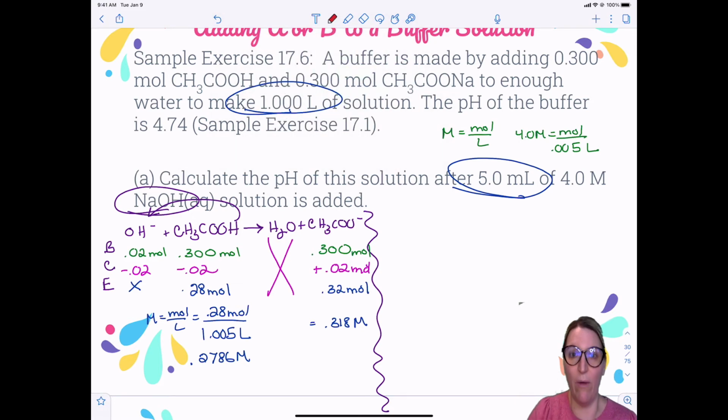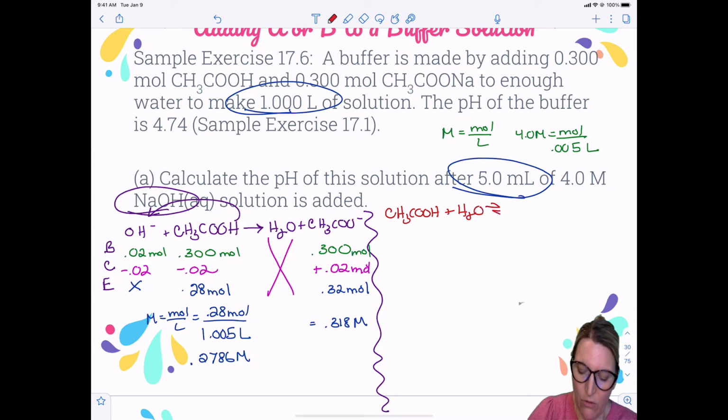Now I go and I do my ICE chart with the acid acting as an acid. CH3COOH, that's acetic acid, reacting with water, donating a hydrogen to water, making H3O plus, and leaving the acetate ion, right? ICE charts are done in terms of molarity. My weak acid is 0.2786.